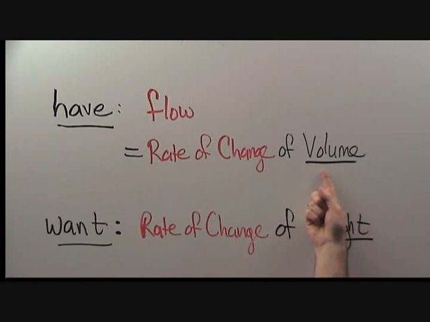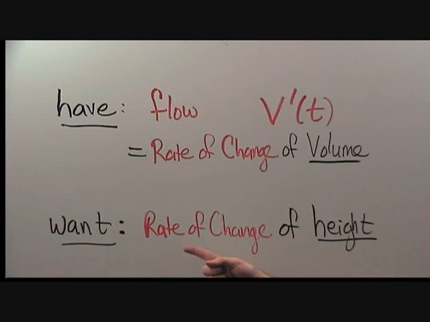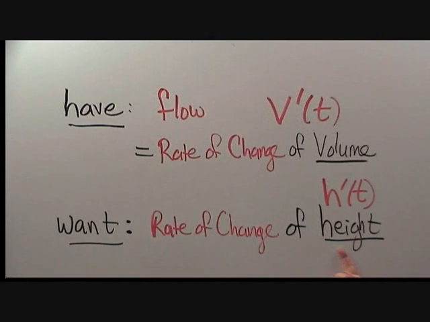If we call V of t the volume, then what we know is V prime of t. The quantity we want to figure out is the rate of change of height. If we call the height h of t, then what we want is h prime of t.